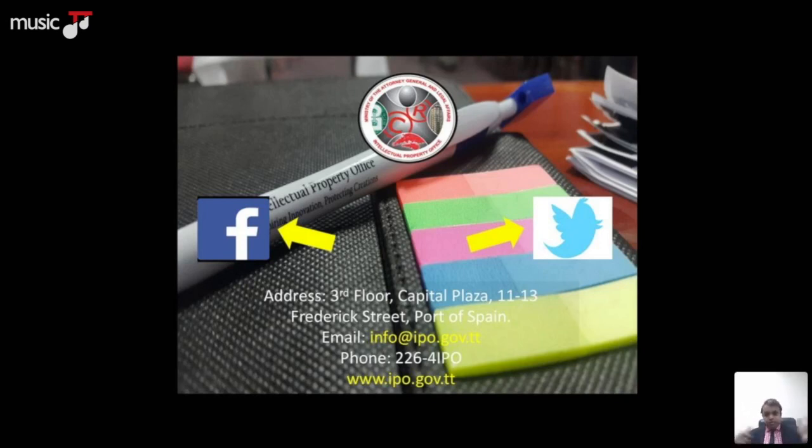They collect in Trinidad and Tobago. So yes, lots of local artists register with international organizations like BMI, like ASCAP, and you're going to have to contact them for their requirements and for the registration process. But yes, it is advisable that you register with the CMOs in the jurisdictions that you expect to make money in.